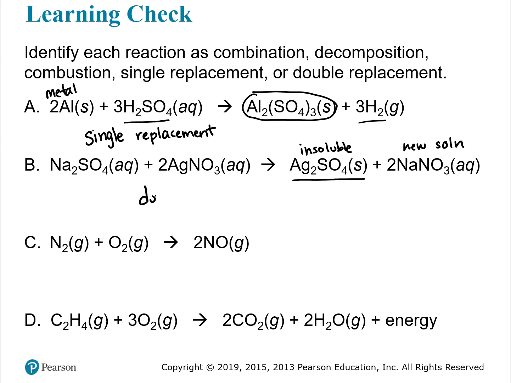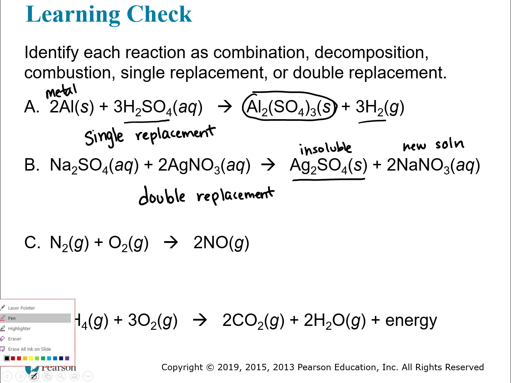So this is going to be a double replacement. We can look at where the positive ions are. So they've swapped partners. That's how you know you have a double replacement, because you have two different things swapping.